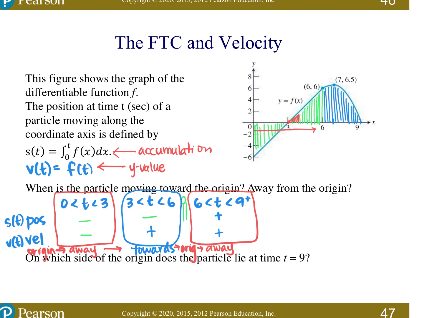So on which side of the origin does the particle lie by the time we get to time 9? It's going to be on the positive side because of the way we know how the story went. You have to imagine, here's the origin, and I've got a little particle starting here, and it starts out going away from the origin, and then it turns around, and then it comes back, and then it returns to the origin. Now I'm at time 6. And then I keep going past the origin for the rest of the way. So I end up on the positive side.